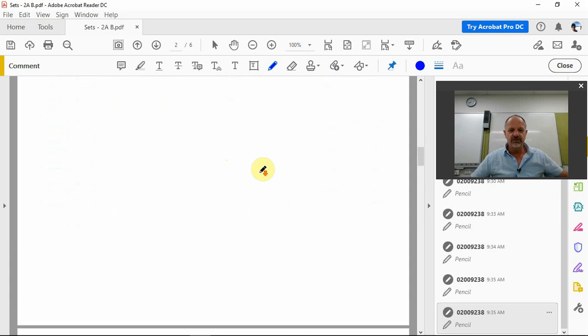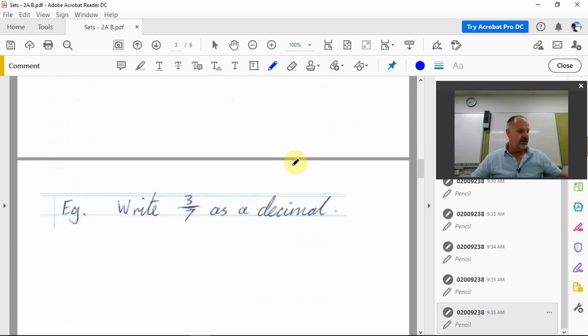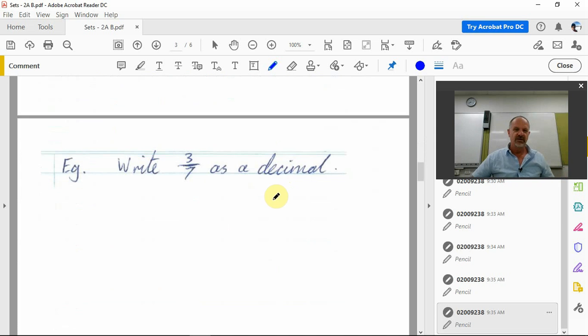All right, so let's have a look at some other stuff that we can do. It's asking us here to write 3/7 as a decimal. We can do that simply by dividing 3 by 7.